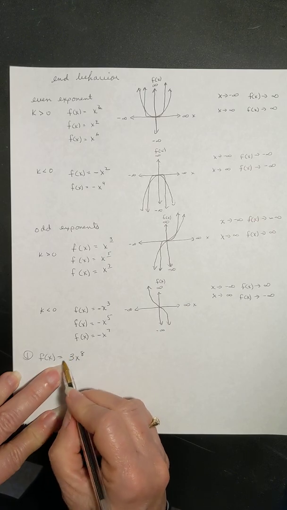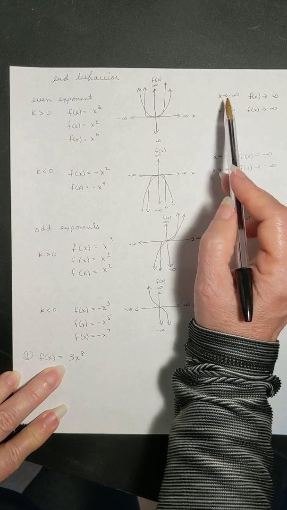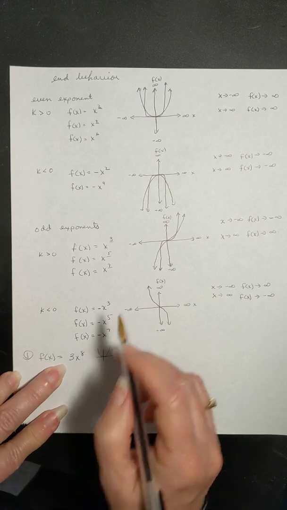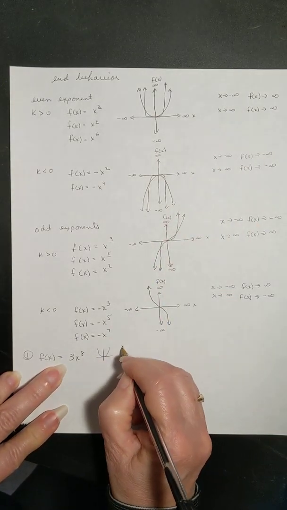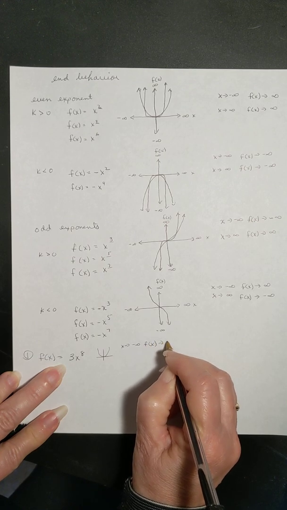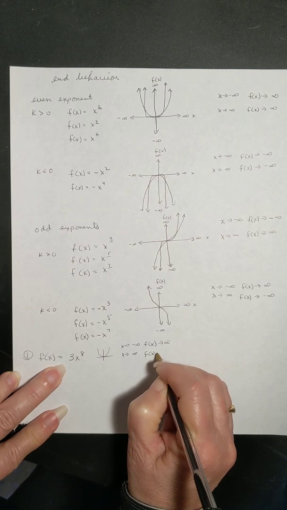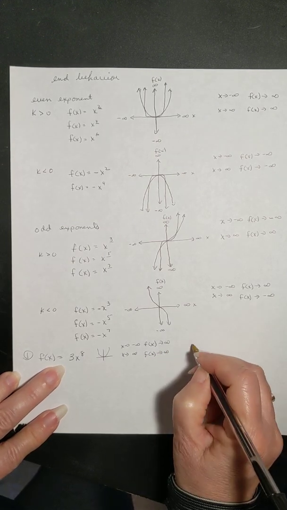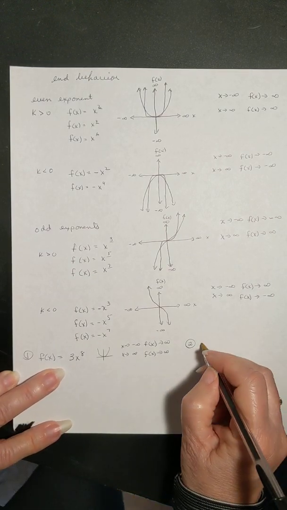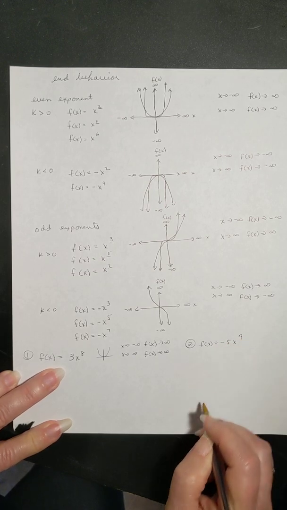Well, this is a positive number, so it's going to be this here. So as x approaches negative infinity, f of x would go to infinity, and as x approaches infinity, f of x also goes towards infinity.